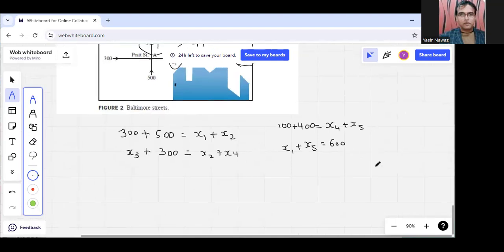So from here, how many equations and how many unknowns are there?